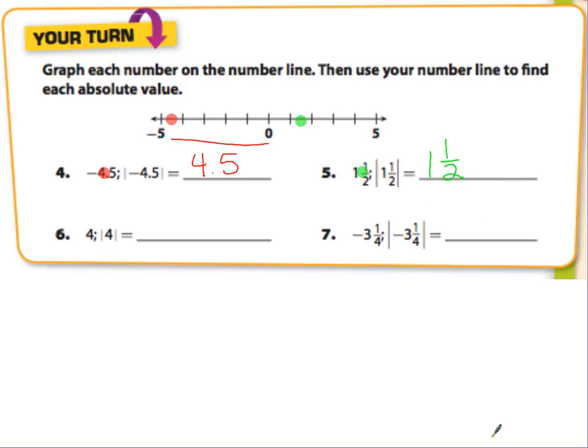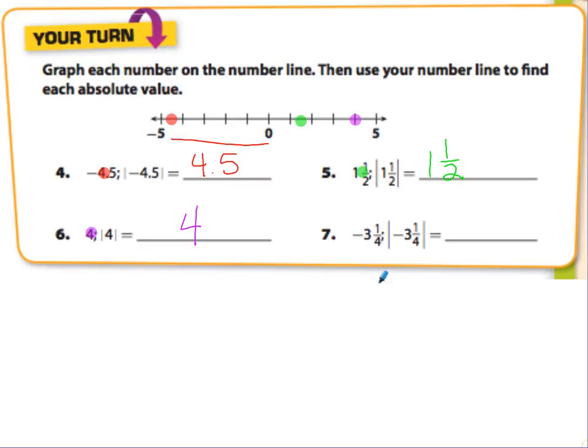It's 1.5 spaces away from 0. Here I have 4. So if I'm plotting 4, then I know that I have to go 4 spaces from 0, and this is nice and right on that number line for me. And again, it's 4 spaces away from 0, so the absolute value is 4.